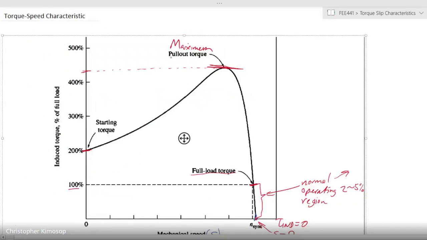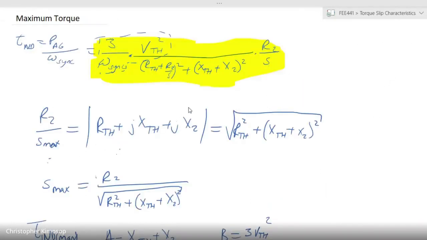So if we were to exceed this, the motor would not be able to run in an application. So in the event that you have an application and it requires a torque beyond this, you cannot use the motor with that characteristic, and you need to alter things so that you can get the characteristic that we are talking about. Okay, so that's maximum torque.